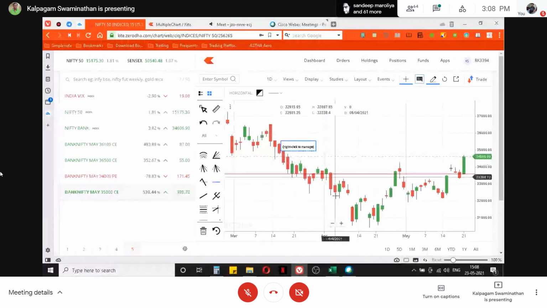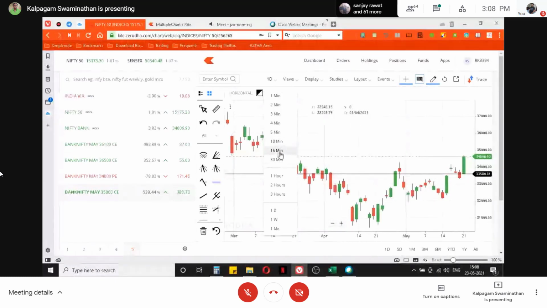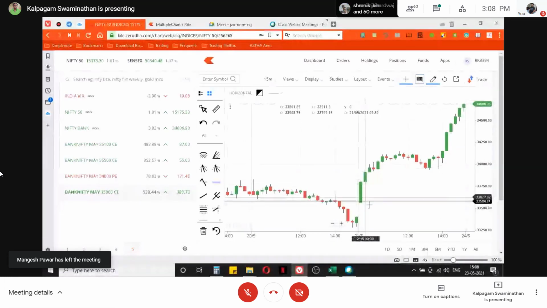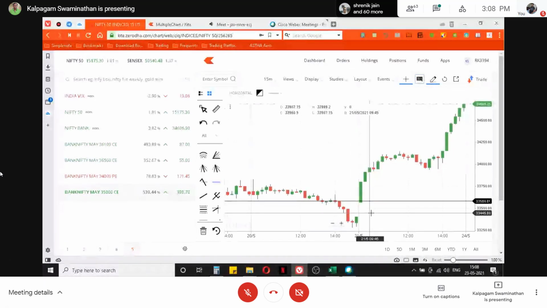Normally what happens, even if we are looking at this around 9:15 onwards, it could happen that it forms a green candle and then again a red candle forms and the price starts slipping back below the open price. It did not happen on Friday, but it could happen.